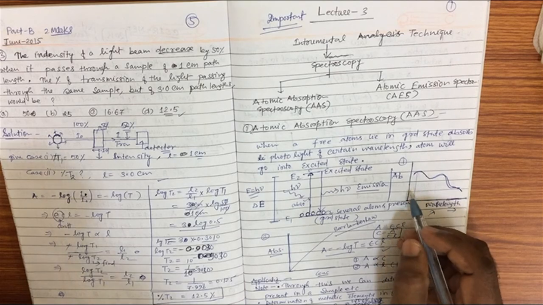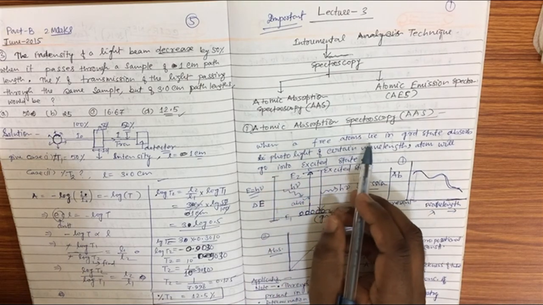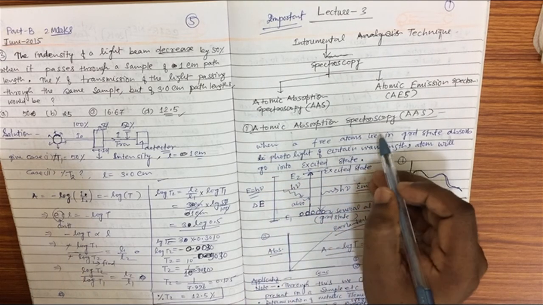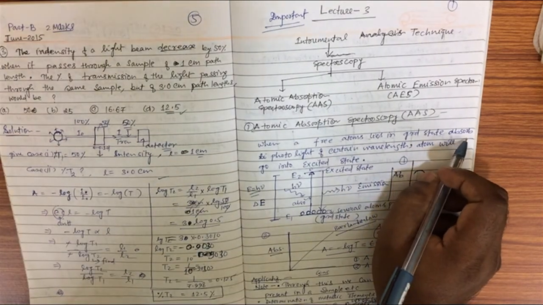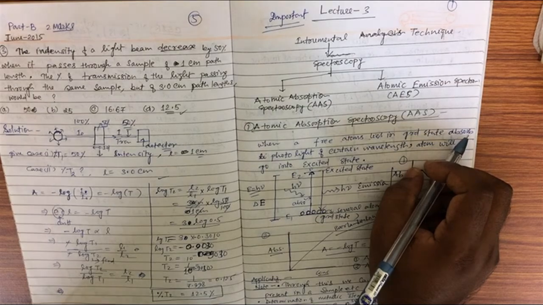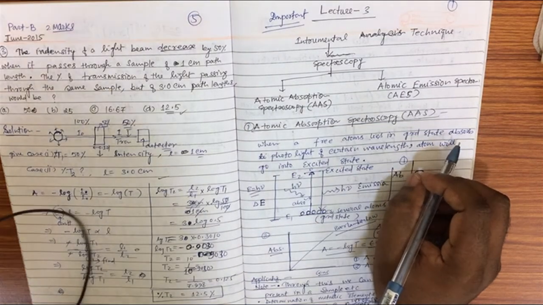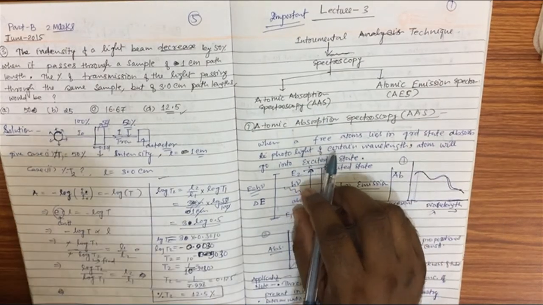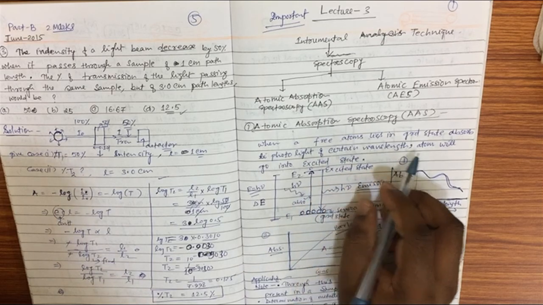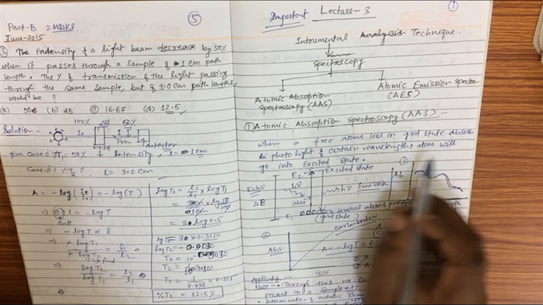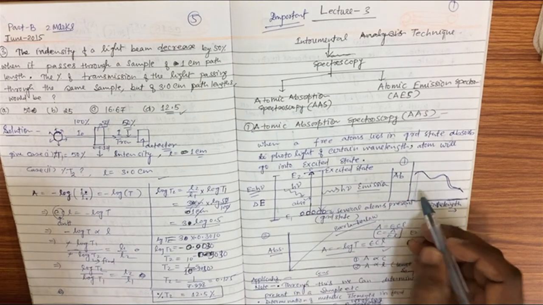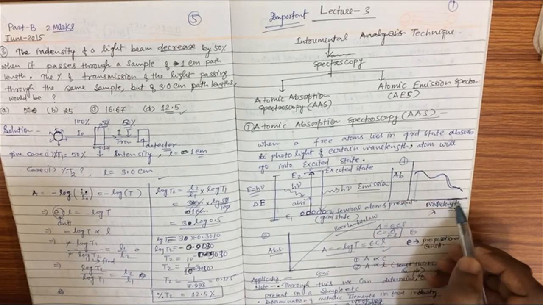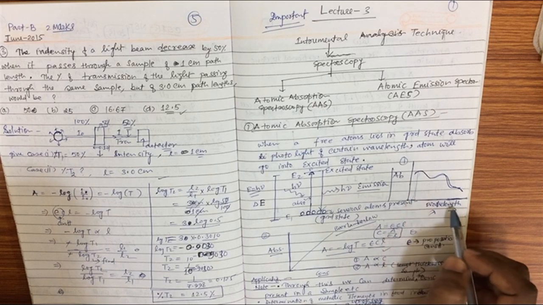In absorption, when free atoms lying in the ground state absorb photon light of certain wavelengths, the atom goes into the excited state, and you see this type of spectra.